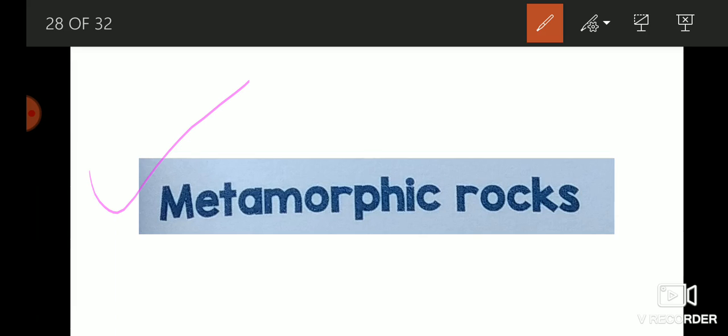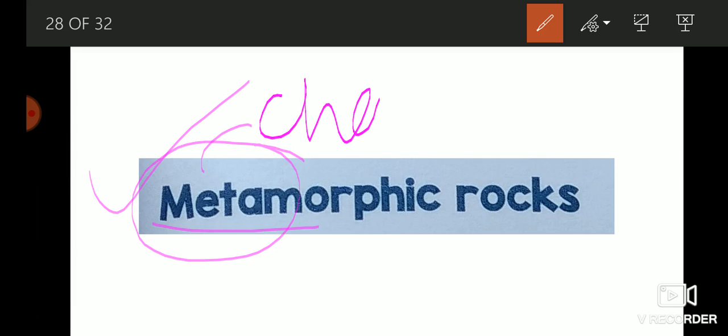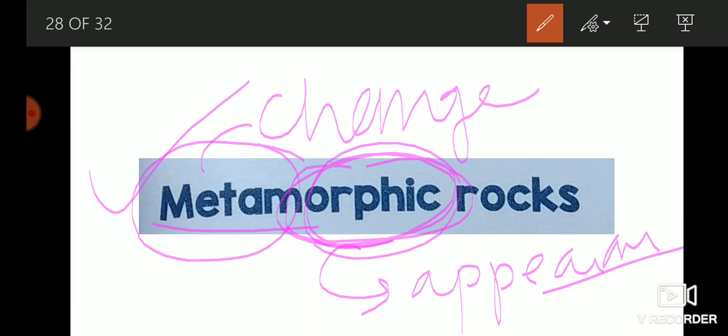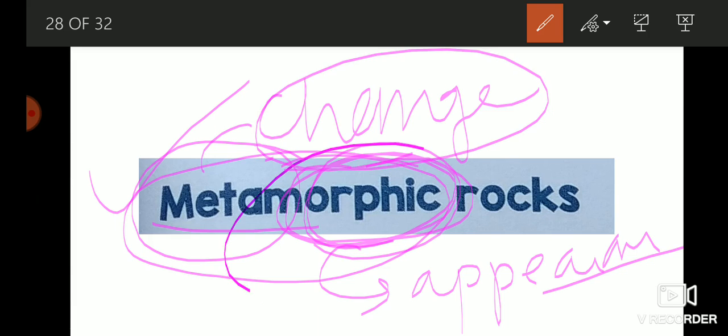But how are the metamorphic rocks formed? The name suggests it: metamorphic. You know that meta means change, and morphic means the outer appearance or the structure of anything. So metamorphic means change in the appearance or change in the structure.